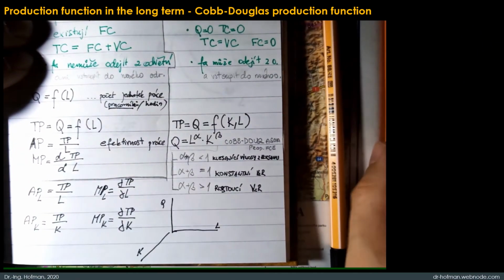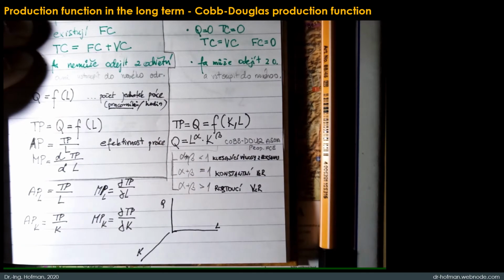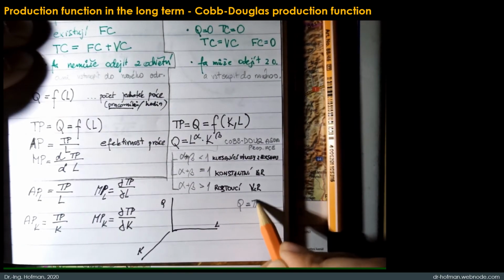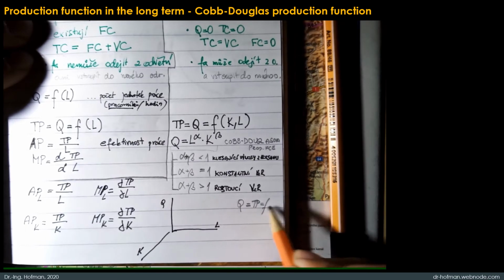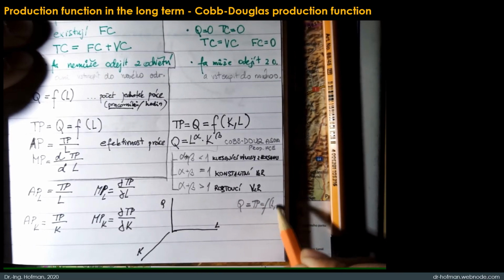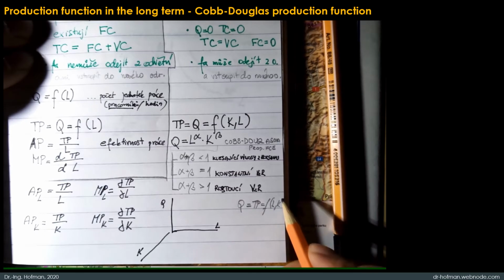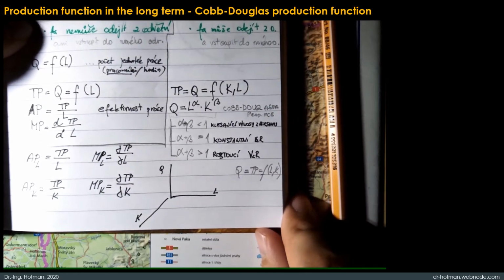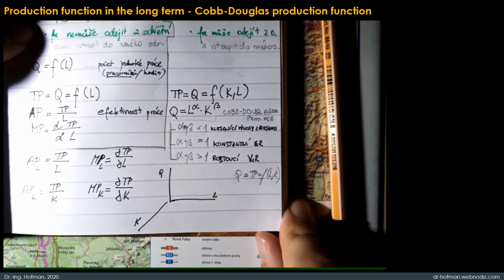Labor L, capital K, and total production Q are drawn on the axes for the three-dimensional graph, where Q is TP, total production, which is a function of labor and capital.